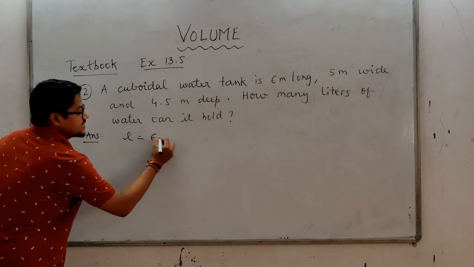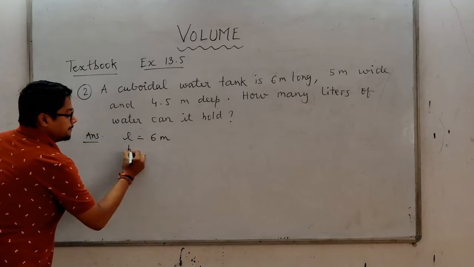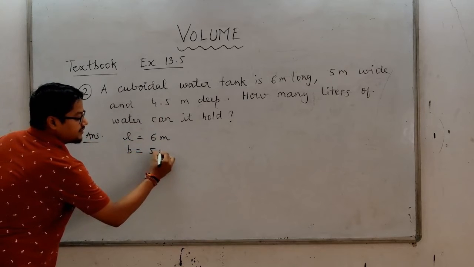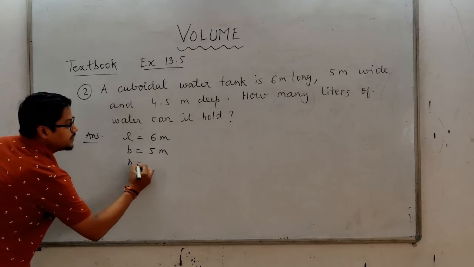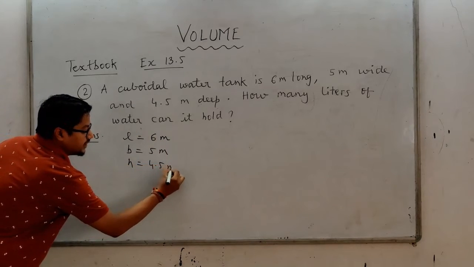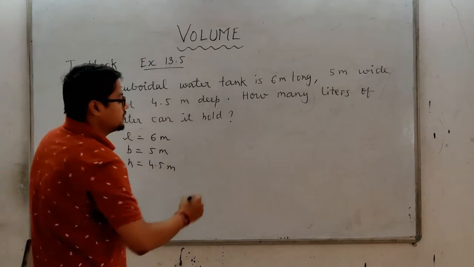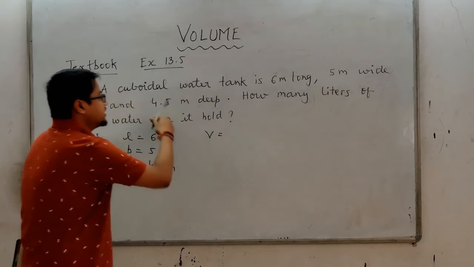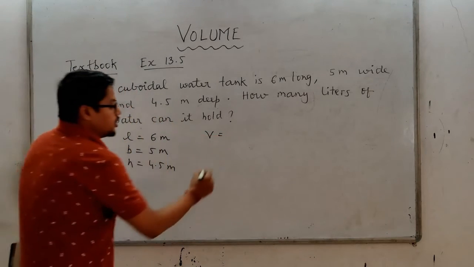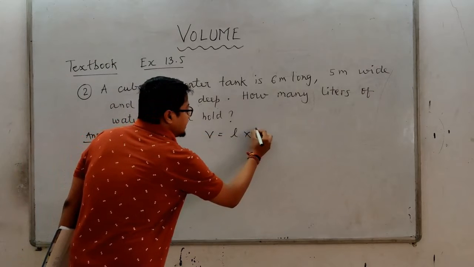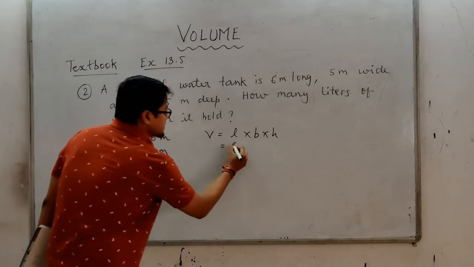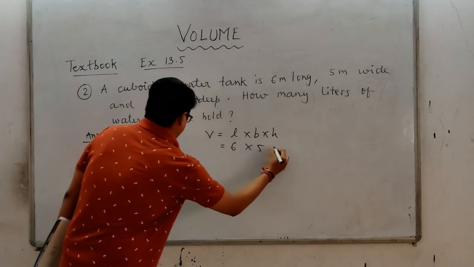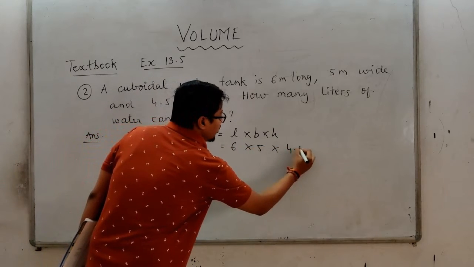Say length is 6 meters, breadth or width is 5 meters, and as we can see, the depth or the height can be taken to be 4.5 meters. So first of all, let us find out the volume of this water tank. Because it is in the shape of a cuboid, the volume formula will be L into B into H. Let us put down the values: 6, breadth is 5, and height is 4.5.